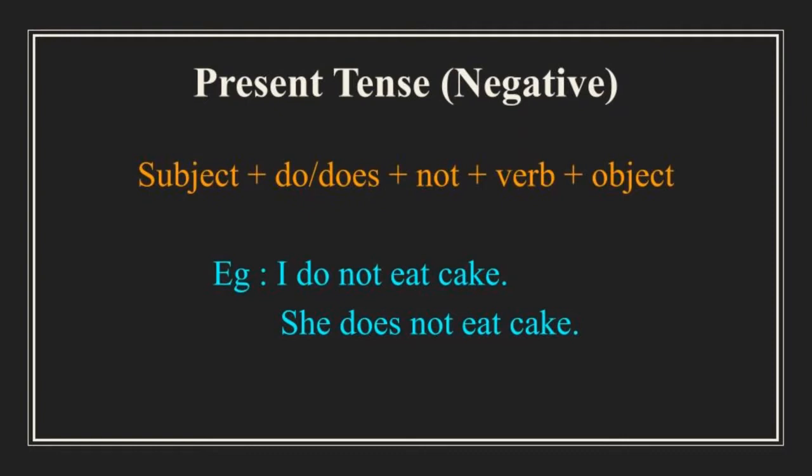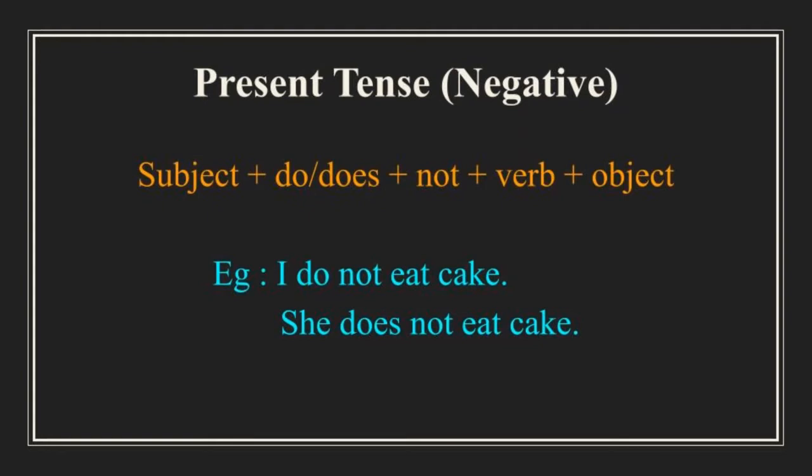Okay, let us see some examples here. I do not eat cake. Here I is the subject. I already said that for first person and second person we should use do and then the negative word not. I do not eat cake. Eat is the verb. Cake is the object. Okay, let's move to the second example.